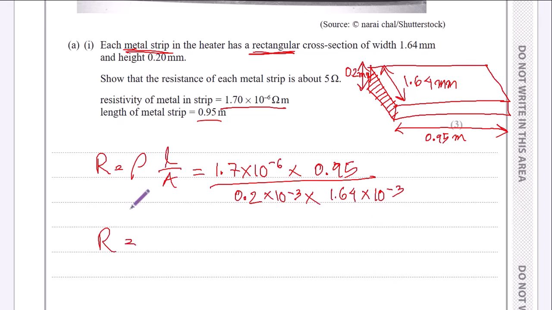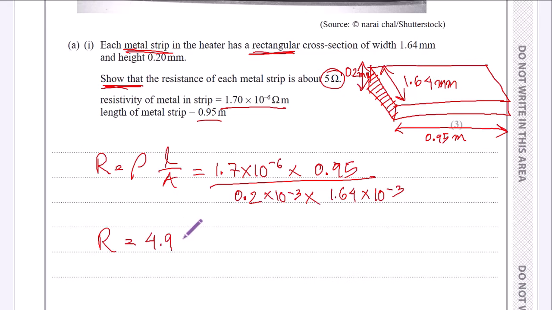So when you plug in the values, the value that I got for the resistance was 4.92. And since it's a show that question, always remember the Pearson mandated rule is the answer has to be at least one SF higher than the show that value. So the show that value is 5, it has to be at least 2 SF, as in 4.9. 4.9 is good enough.